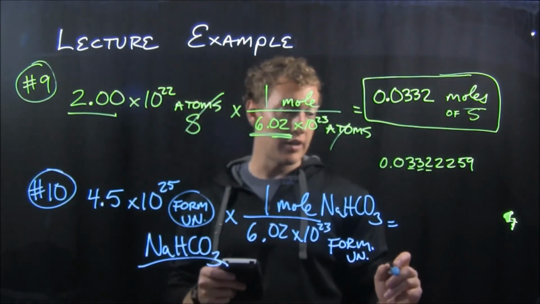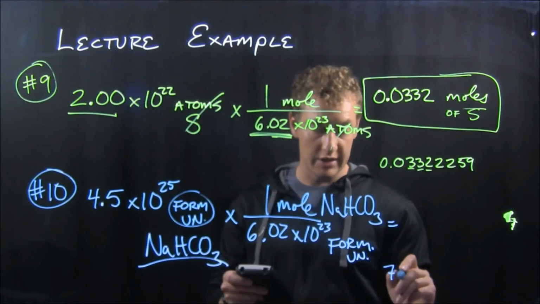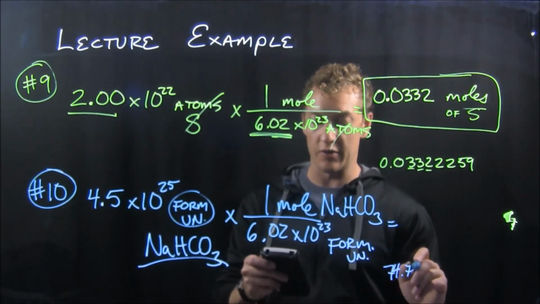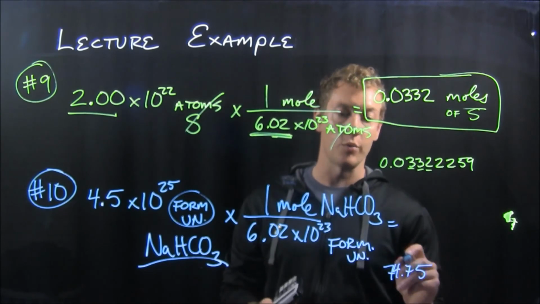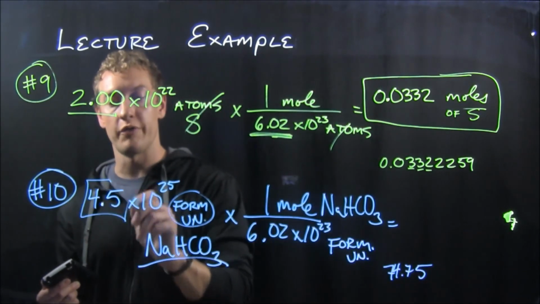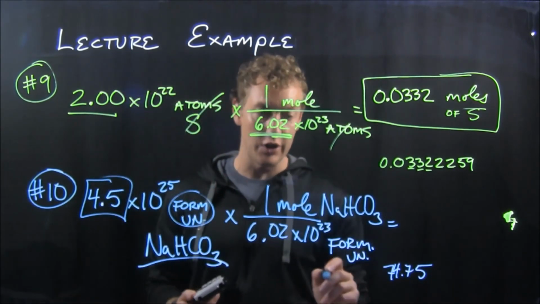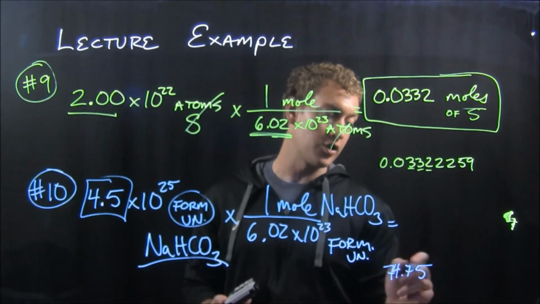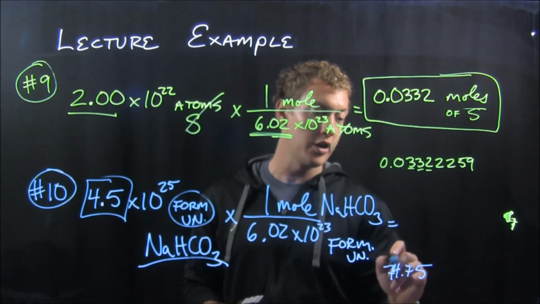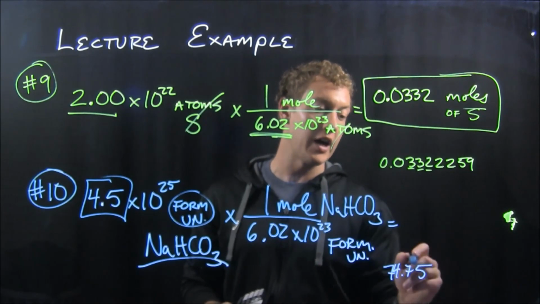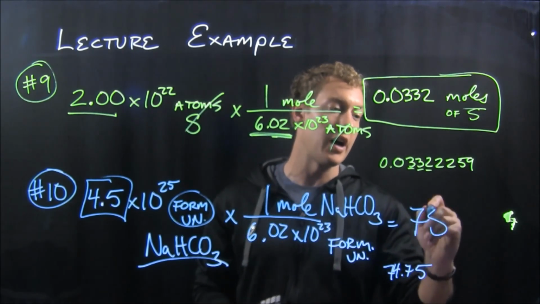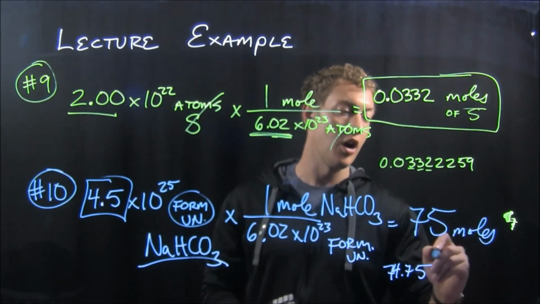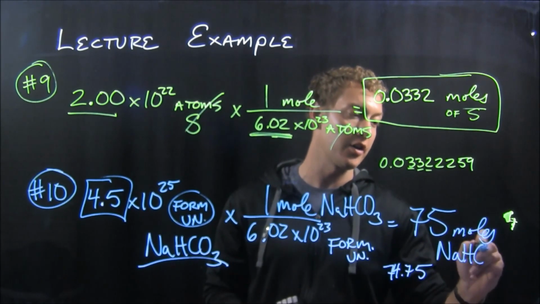And the calculator reports it 74.75. We need to round it, so since 4.5 is 2 significant figures, then we need to round that to 2 significant figures as well. So 74.75 would round up to 75 moles of sodium bicarbonate.